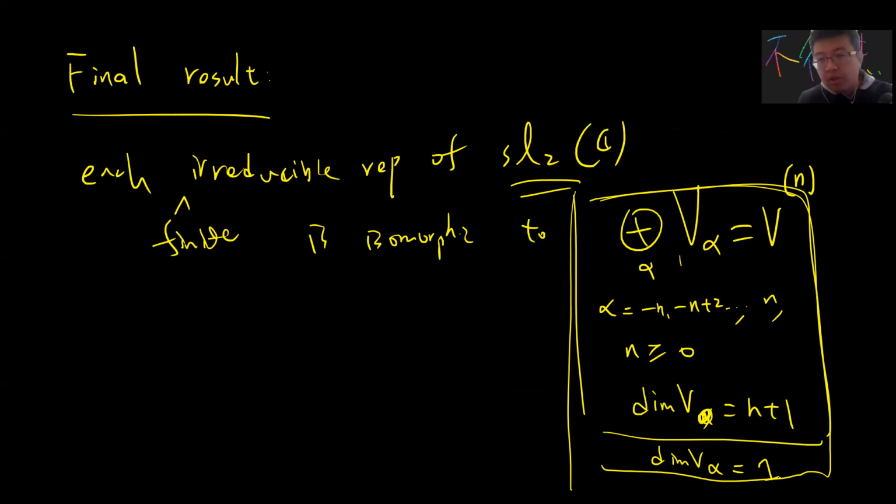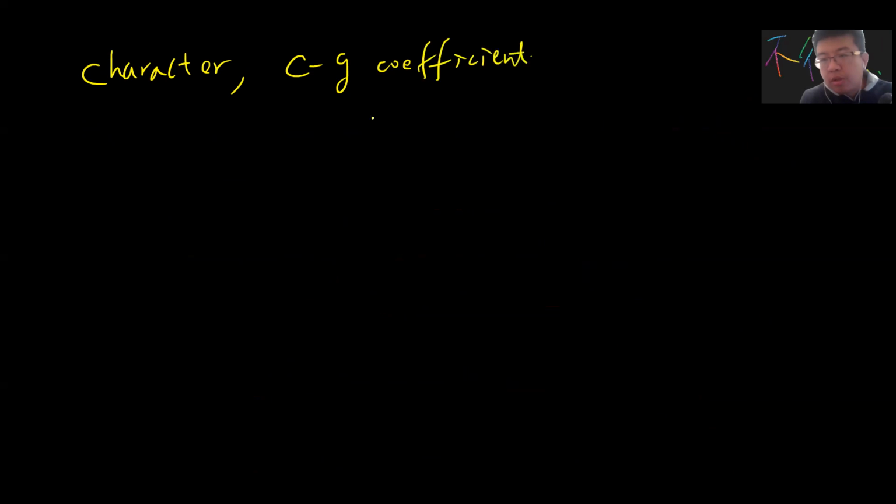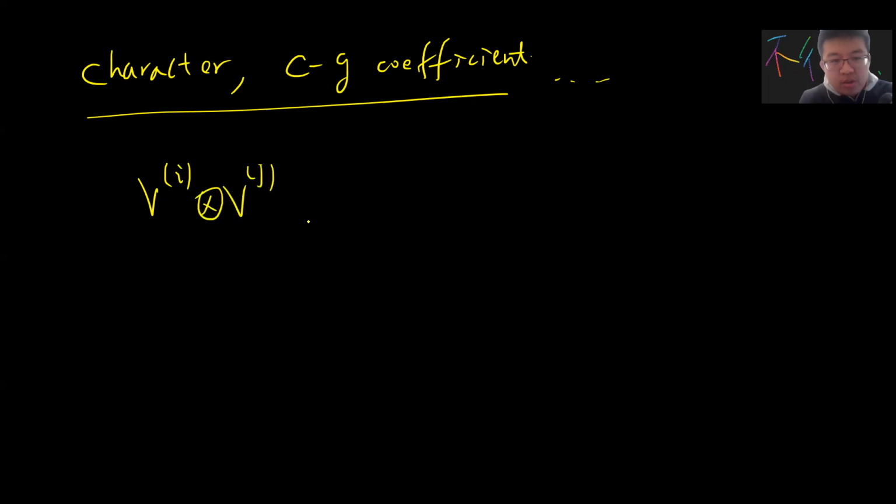There's a thing called a character, and a thing called a CG coefficient. I will not talk about them in this video. In the future, maybe in the next video, I will give you the character and the CG coefficient and prove something. The spin addition method basically is: if somebody gives you two representations Vi and Vj, you should decompose them into some Vk.